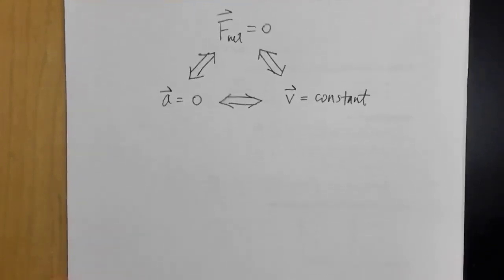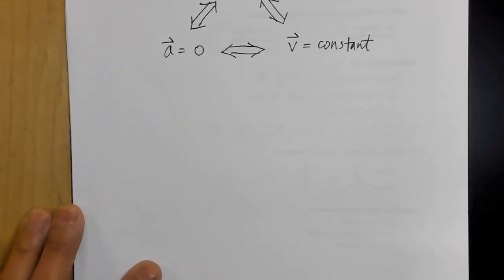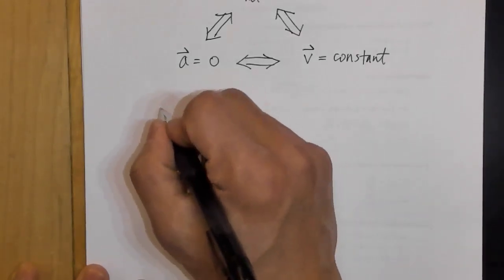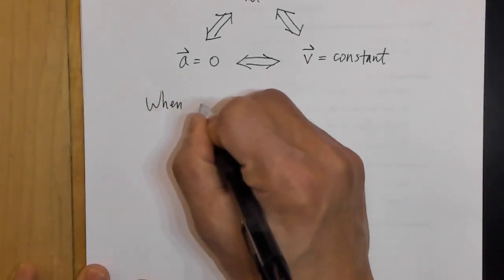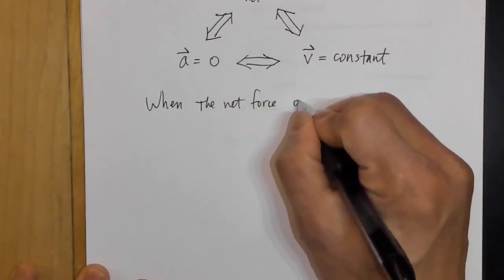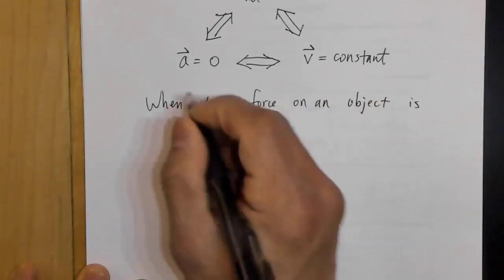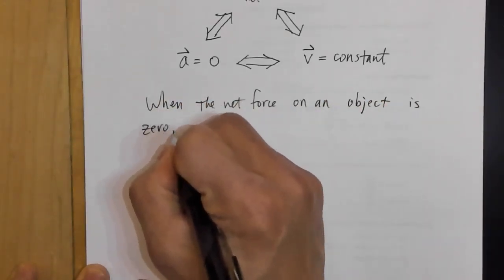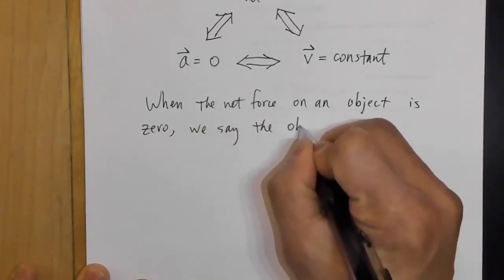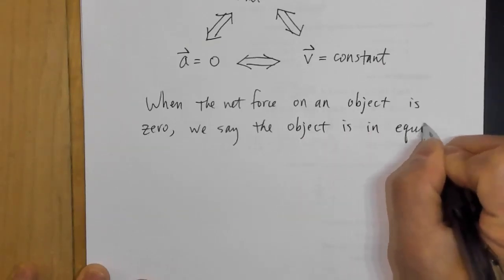Any questions about this? Okay, very good. The next thing I want to say is there's this word called equilibrium. All right, so when the net force on an object is 0, we say the object is in equilibrium.